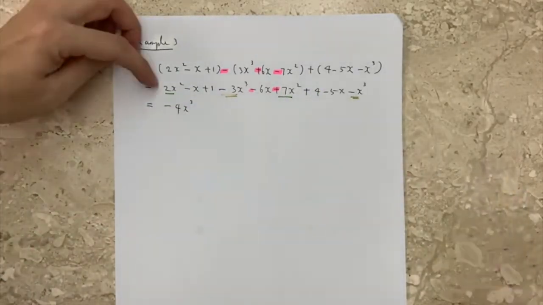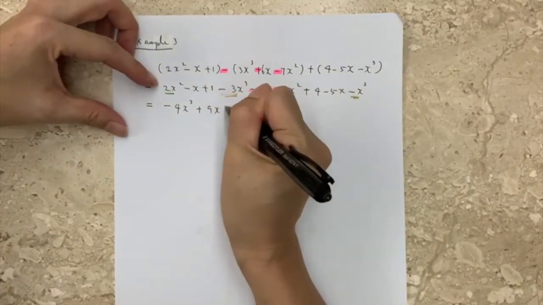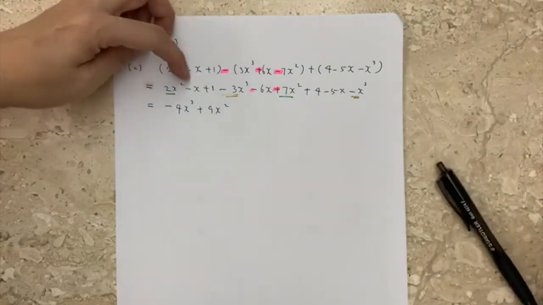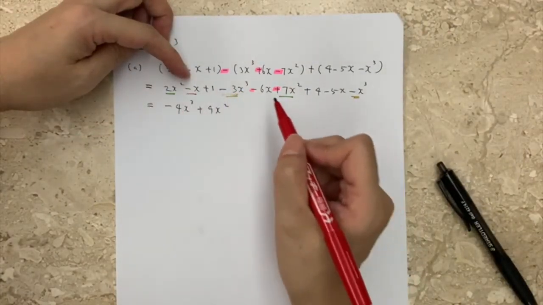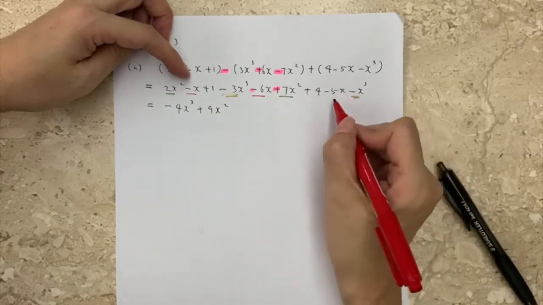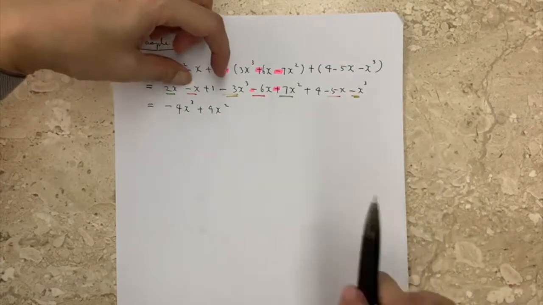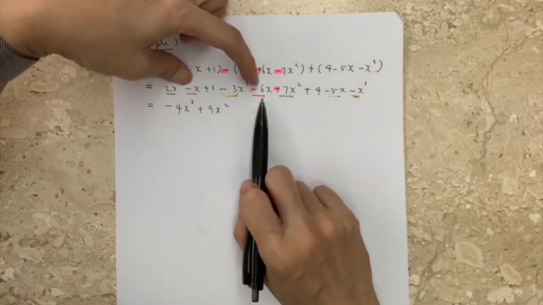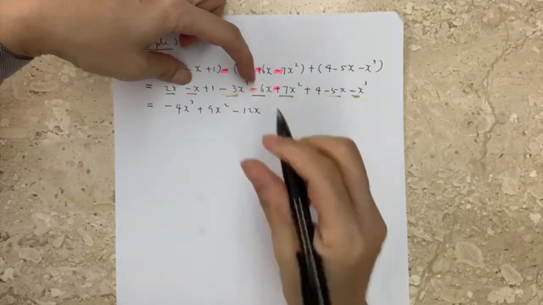So 2 plus 7, I get 9x squared. Next we come to x: minus x, minus 6x, minus 5x. Minus 1, minus 6 is minus 7, and then minus 5, so minus 12x altogether.